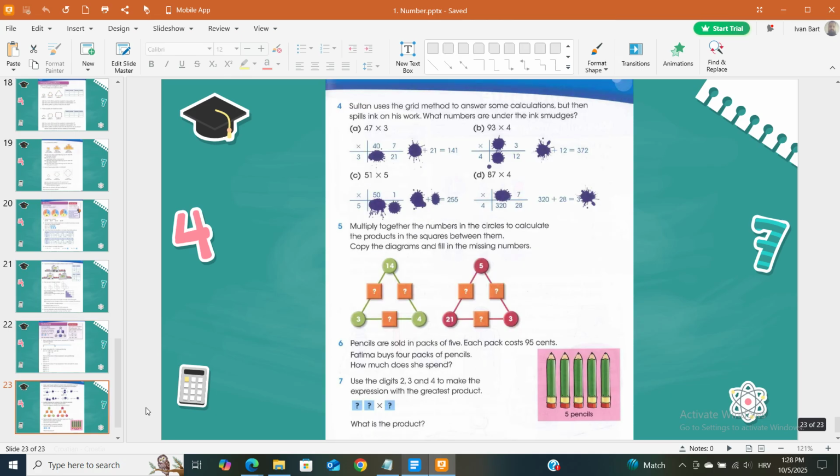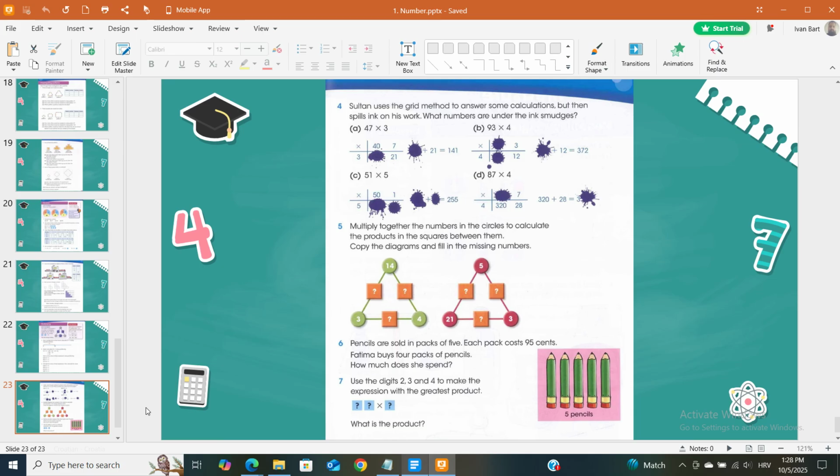4. Sultan uses the grid method to answer some calculations, but then spills ink on his work. What numbers are under the ink smudges? (A) 47 by 3. (B) 93 by 4. (C) 51 by 5.